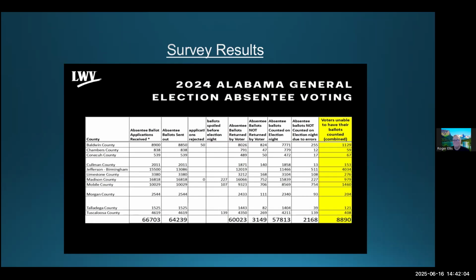This is a lot of detailed information, but the basic information is that at the end of the day, out of those 11 counties, you had 8,890 voters who lost their votes for the November election just in those voting locations. So I'm gonna hand that back to you, Roger.